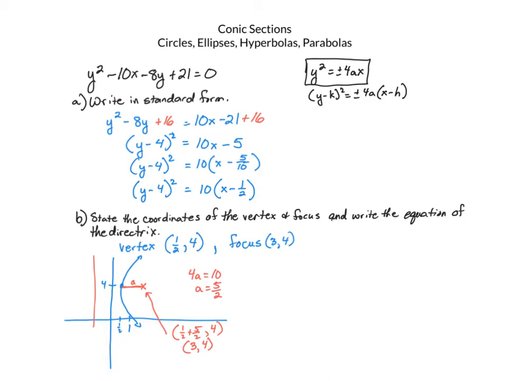So starting at 1/2, I move to the left 2.5, and I would be over here at -2. We know the equation of a vertical line is always x equals something, so in fact it's x = -2. Let's write that. Directrix has an equation that is x = -2.